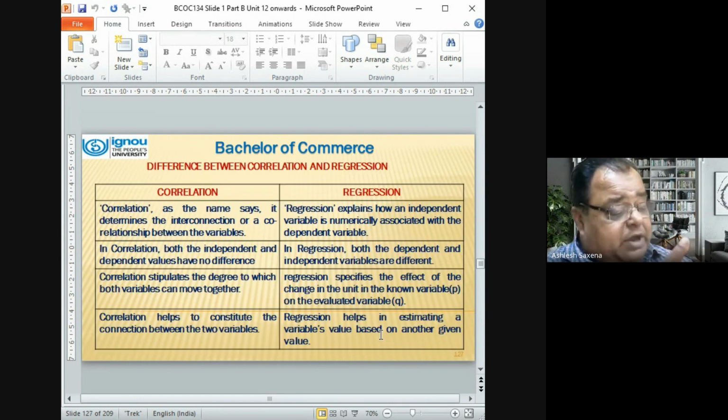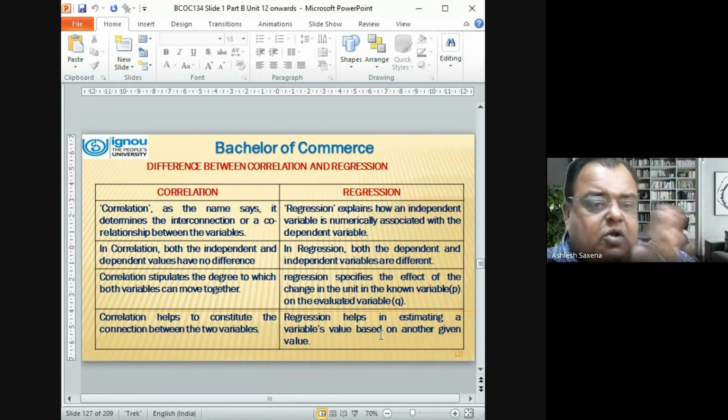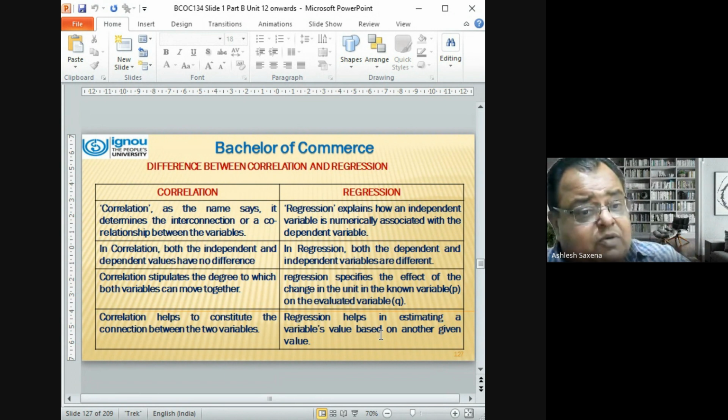Now, what is the difference between correlation and regression? Correlation, as the name says, determines the interconnection or a correlation between the two variables. In correlation, both the independent and dependent variables have no difference.